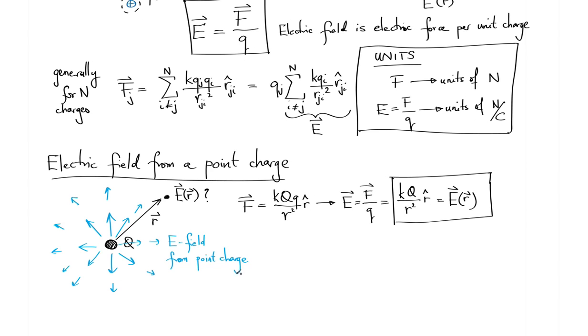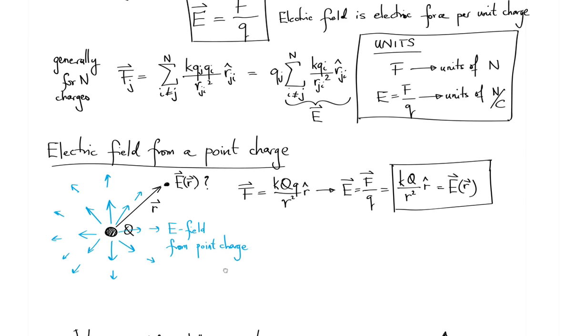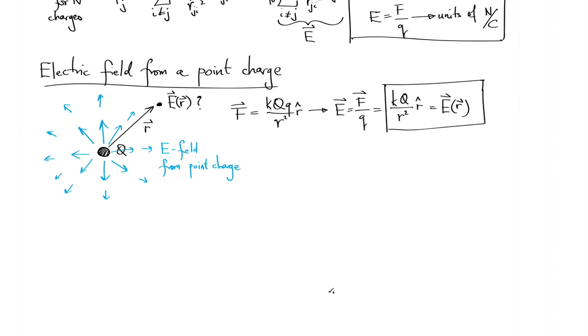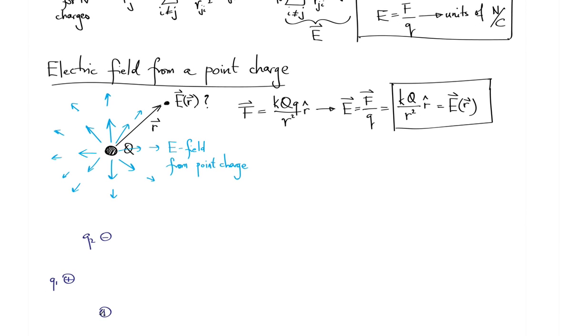Again, if we wanted to calculate the electric field from an array, let me erase that. All right, all gone. Those were the notes from a little while ago. If we wanted to look at the electric field from an array of point charges, so again, imagine we had one here, let's say it's a positive one, Q1, Q2, we'll make that negative, Q3, we'll make that positive.